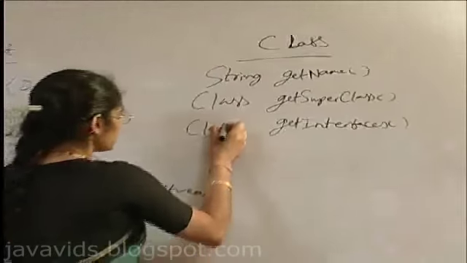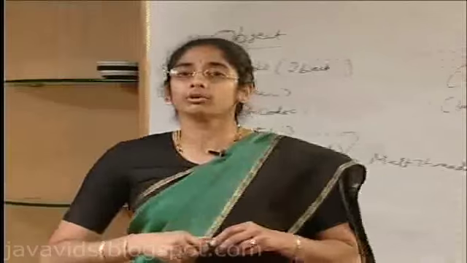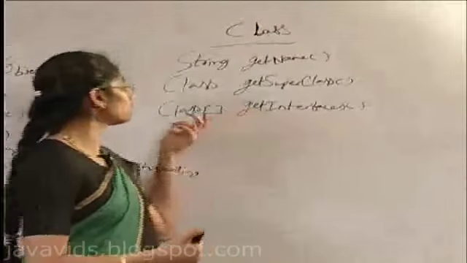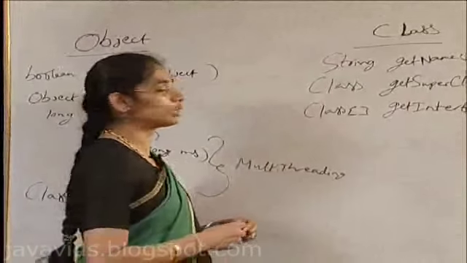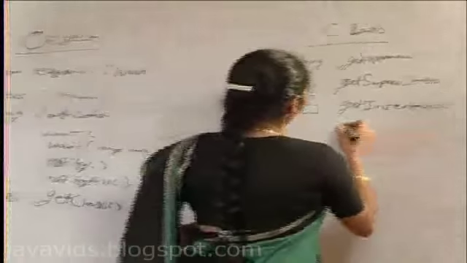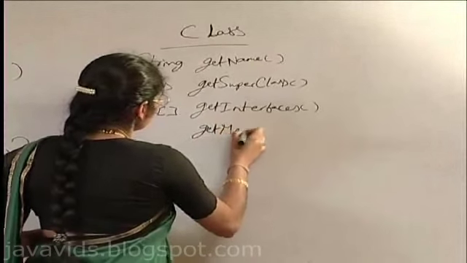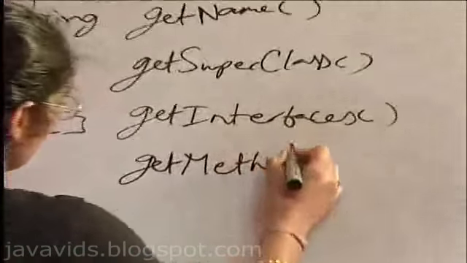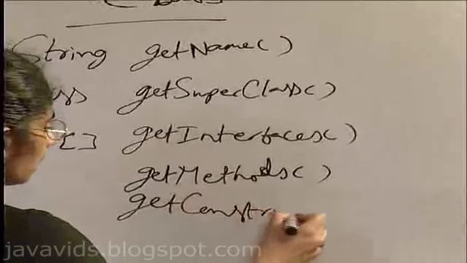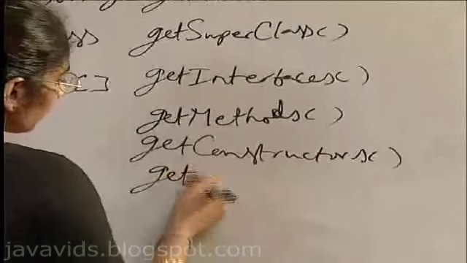getInterfaces returns a class array. You can implement more than one interface on a class. Therefore, getInterfaces returns a class array, one class object for each of the interfaces implemented. Then we have getMethods, getConstructors, getFields.